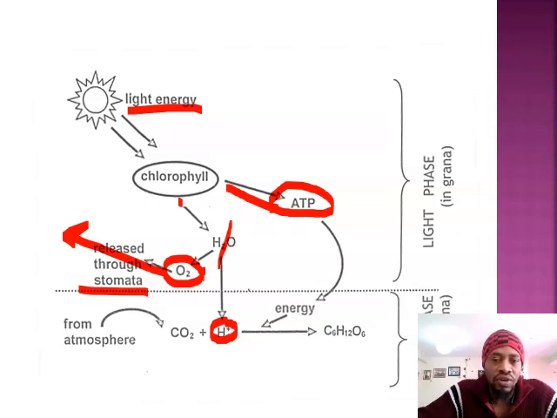That oxygen will go out as a byproduct. So whenever we've heard of oxygen being released during photosynthesis, it is from that light phase that oxygen is released as a result of the splitting of water molecules by energy that is trapped from sunlight by the chlorophyll. So the second usage of that energy is to split the water molecule into high energy carrying hydrogen atoms and the oxygen, which will go out as a byproduct, while ATP has been formed.